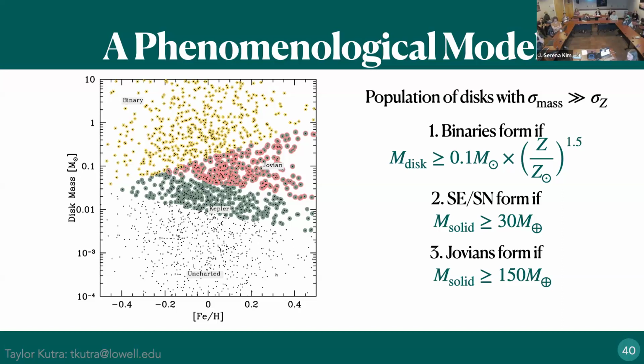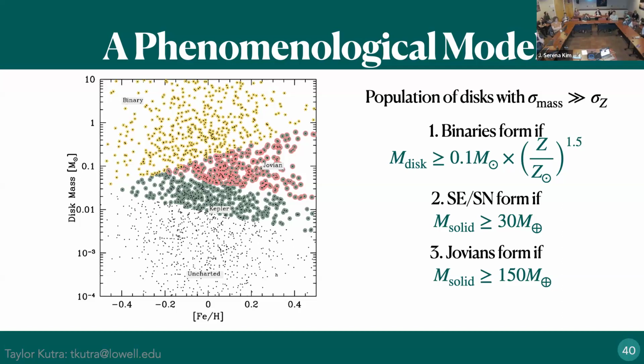And so that's what we did here. We chose the super Earth, sub-Neptune, and Jovian difference because, in order for runaway gas accretion to happen, the core mass of the planet needs to be 10 to 20 Earth masses, and the size of the Kepler planets is about half of that.